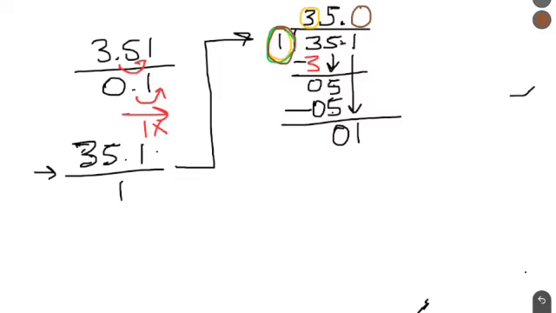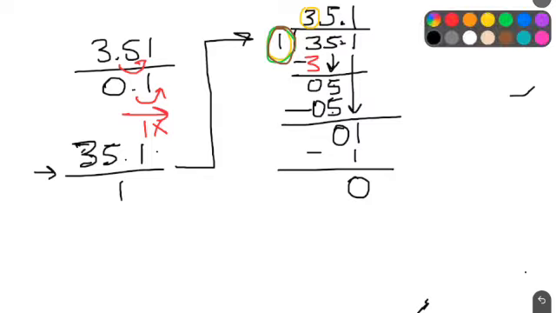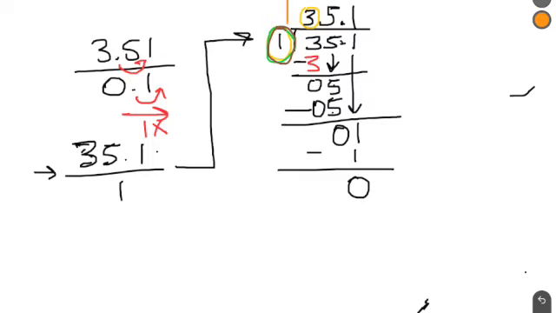And the answer should be 1. 0. So 35.1 divided by 1 is 35.1. Makes sense, right? Okay, let's look at another problem, shall we?